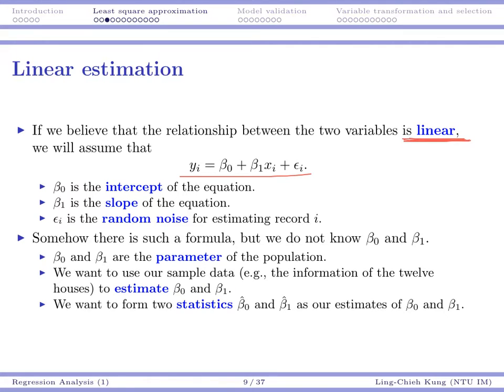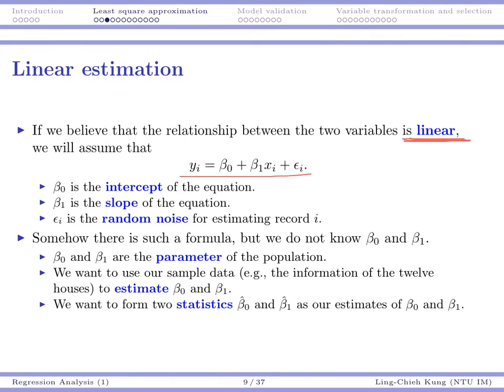Of course, in any real situation, this can be close to yi, but for many houses, this is not going to be precisely the price, right? There must be some deviation in practice. So we call epsilon i a random noise for estimating record i.